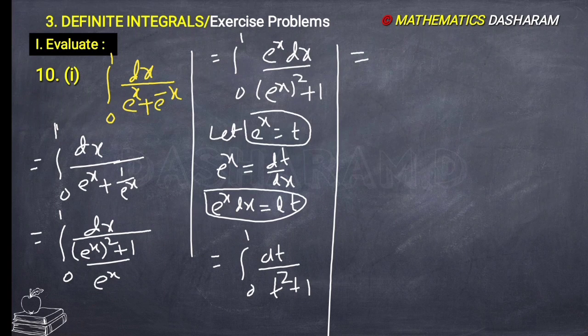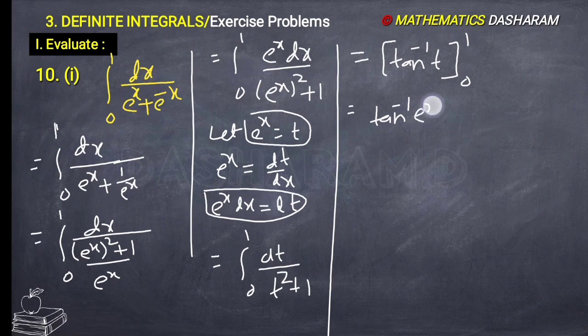Next it equals integration of 1 by t square plus 1, that is tan inverse t, 0 to 1. Now substitute the t value, tan inverse e power x, 0 to 1. Now substitute the limits, tan inverse e power 1 minus tan inverse e power 0.